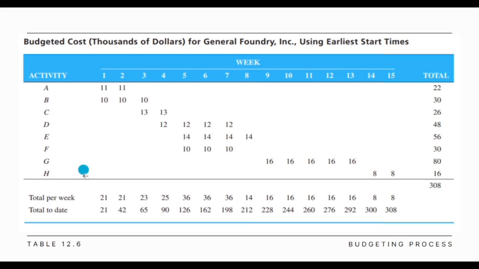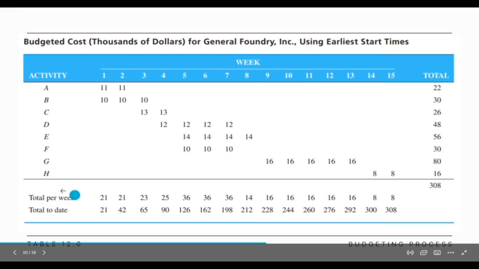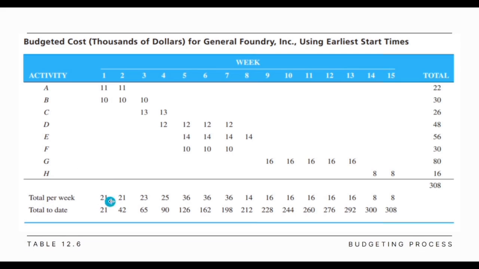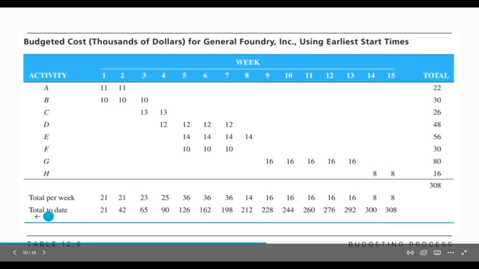So next, for the total per week, in week 1, total of 21,000, then week 2, total of 21,000, and so on. So for the total to date, we just add the total per week. So first week, we have 21,000, then second week, we just add these two, we have 42,000, third week, we just add these three, 65,000, and so on.